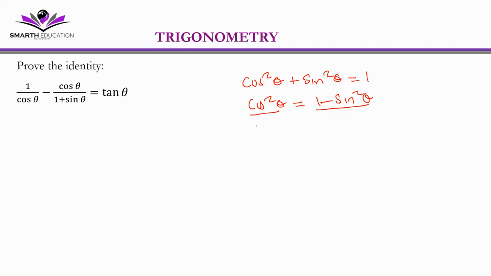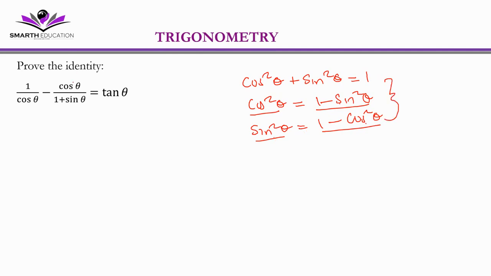Even sine squared theta is equal to 1 minus cos squared theta, and 1 minus cos squared theta is equal to sine squared theta. Now you have to remember this as we try to prove this identity.